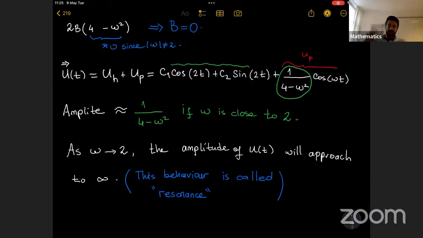That means the amplitude is going to infinity. It becomes unbounded as W approaches 2, and it causes the resonance.